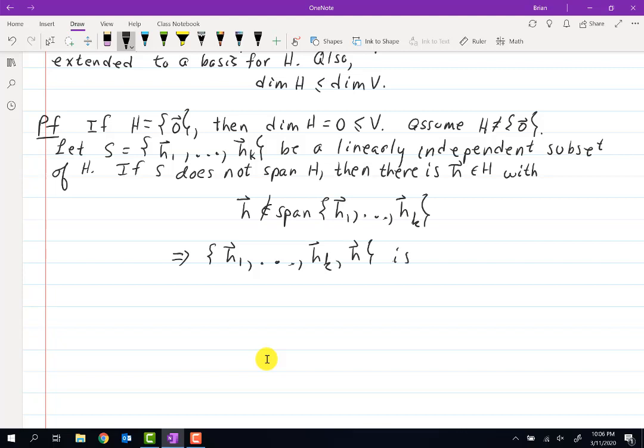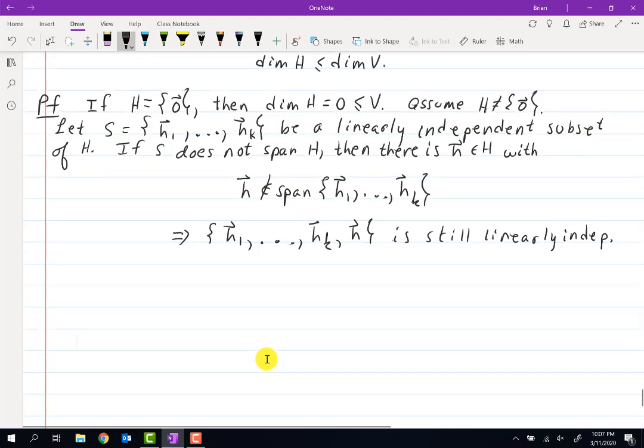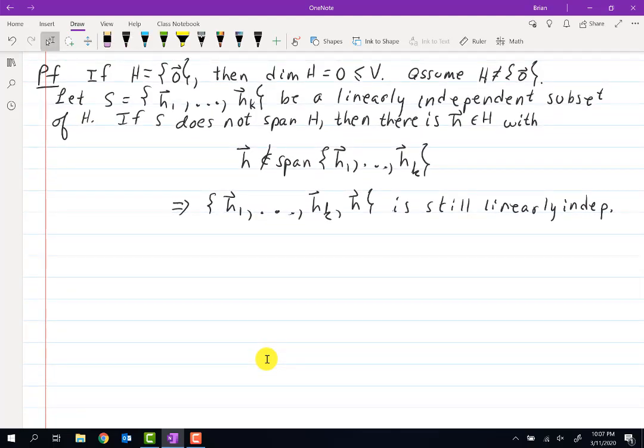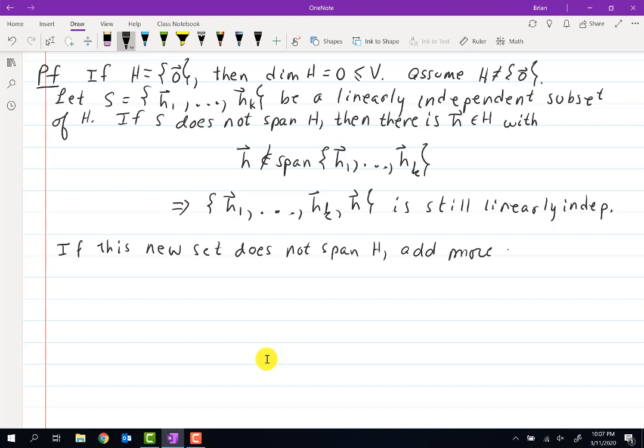is still linearly independent. And if I need to, I can add more vectors. So if this new set does not span H, add more vectors until it does.